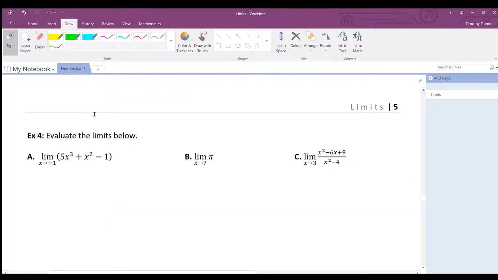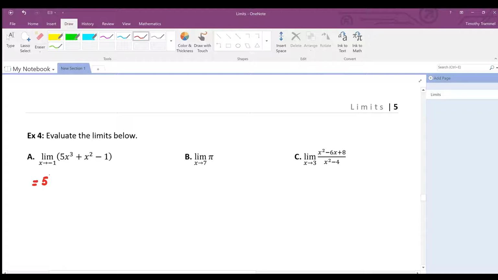All right, so here we just have a little bit more practice with direct substitution. Everything in parts A, B, and C is technically either a polynomial or a rational expression. And again, direct substitution tells us that if we are working with a polynomial or rational expression, we just need to plug in the x value.